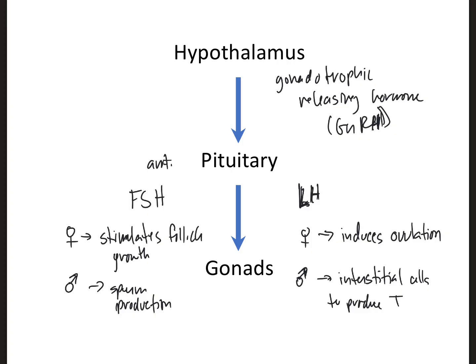So LH, we know over here, produces testosterone, but there's other cells that utilize that testosterone to help drive sperm production. So without either of those, sperm production doesn't happen. So the hypothalamic pituitary axis is imperative in controlling reproductive function.